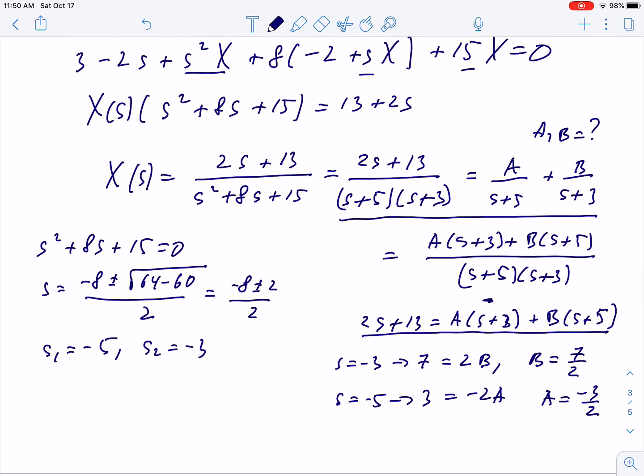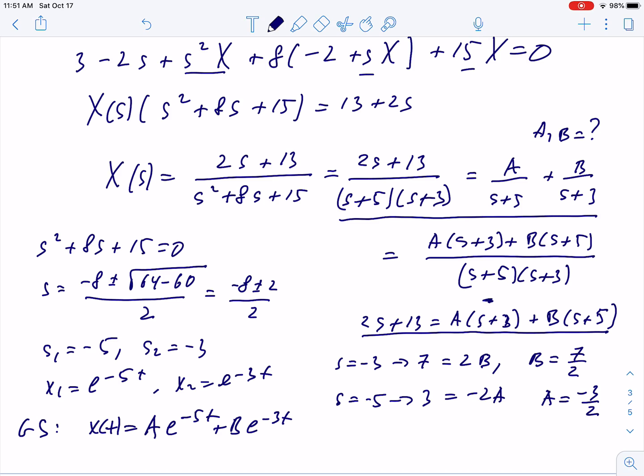So with these roots we can say that these two functions, exponential negative 5t and exponential negative 3t, are independent solutions, and the general solution will have the form x(t) equals some unknown constant A exponential negative 5t plus B exponential negative 3t, different A and B of course, the general solution of the homogeneous equation.